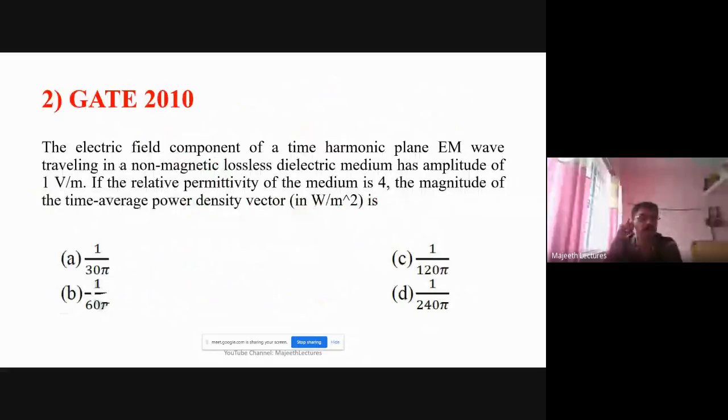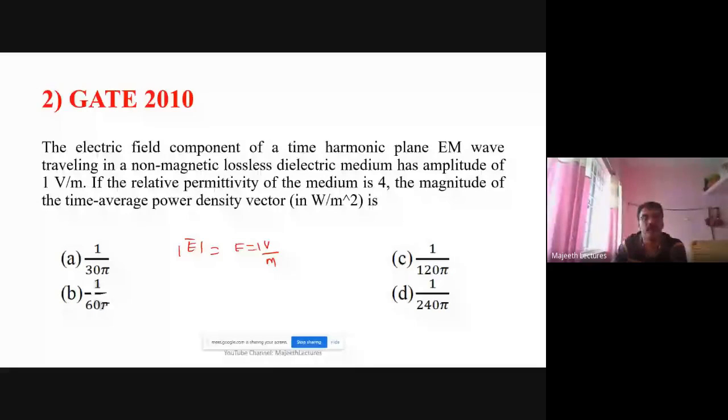The next question: the electric field component of a time harmonic plane EM wave traveling in a non-magnetic lossless dielectric medium has an amplitude of 1 volt per meter. So mod E is equal to E, 1 volt per meter.